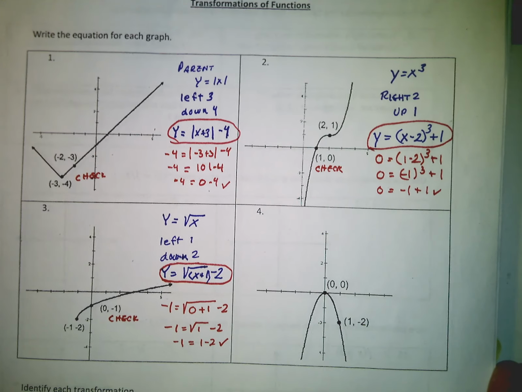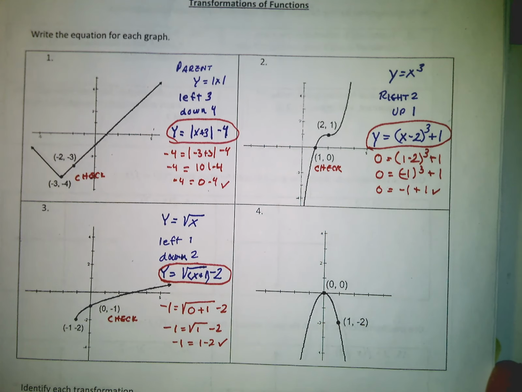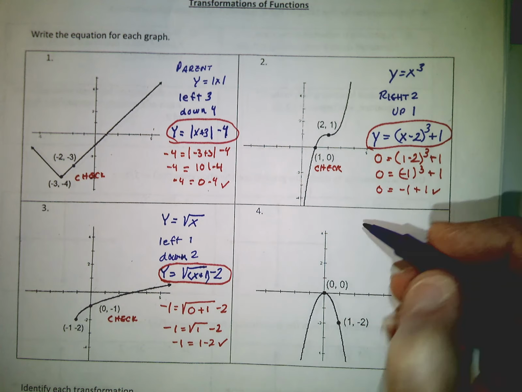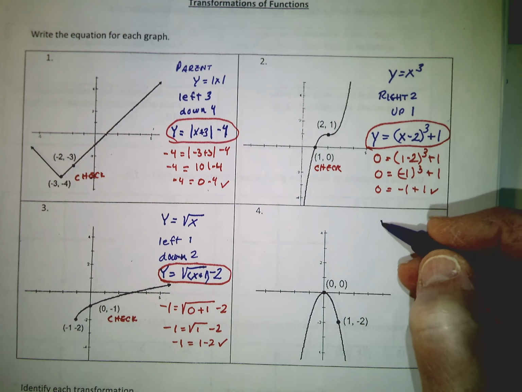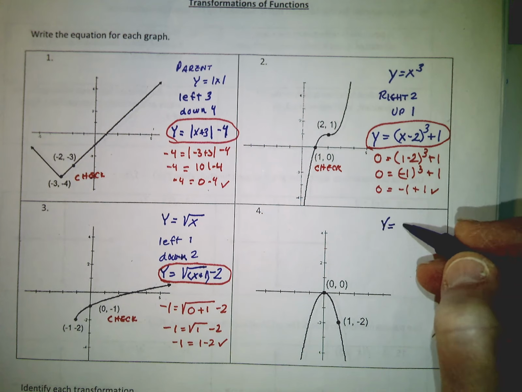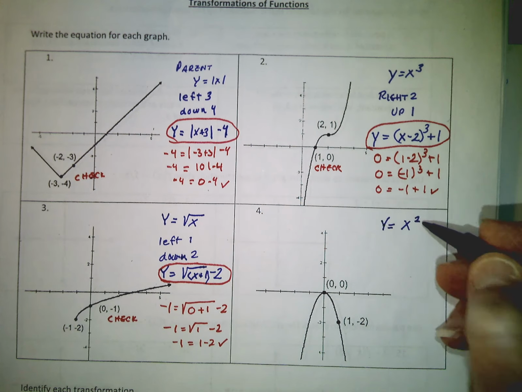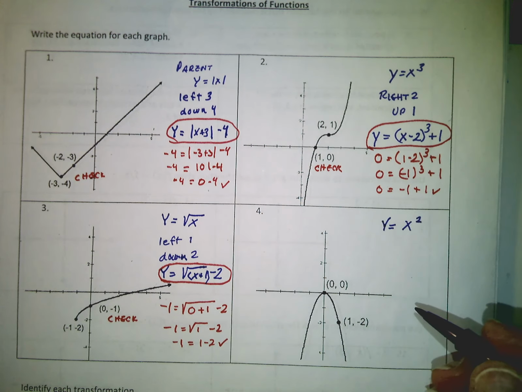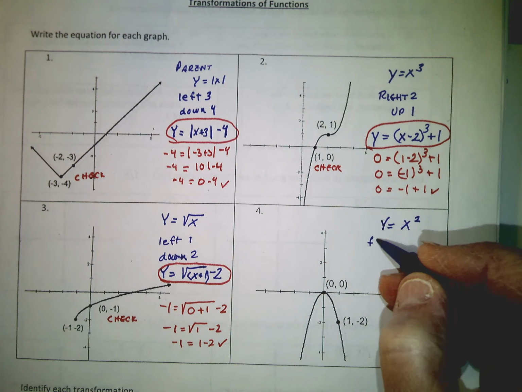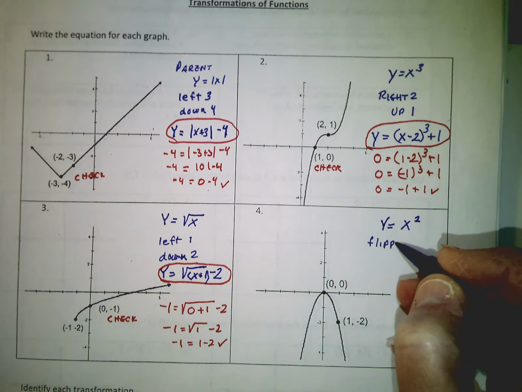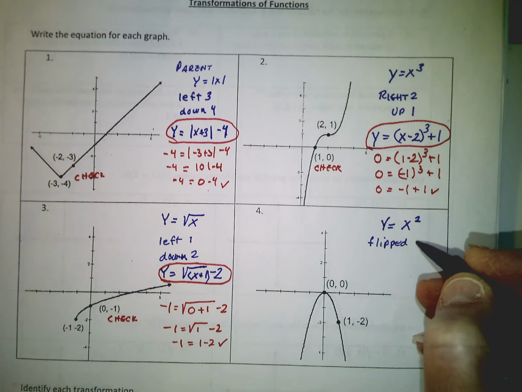For the last one. Nothing fancy here. I'm sure for years you've been able to recognize this shape, but the parent function would have been y equals x squared. We can tell that it got flipped down, reflected across the x-axis.